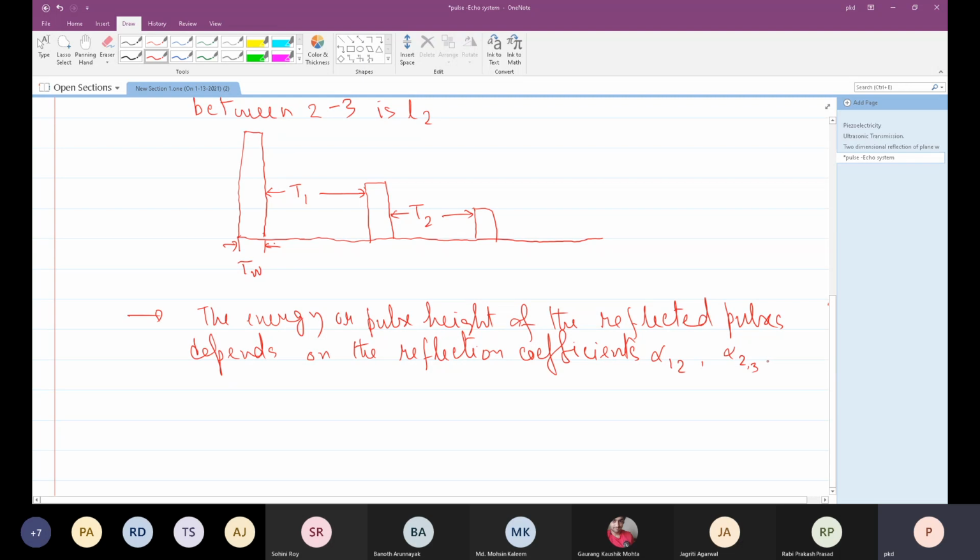Alpha 2, 3, and transmission coefficient one minus alpha 1, 2.